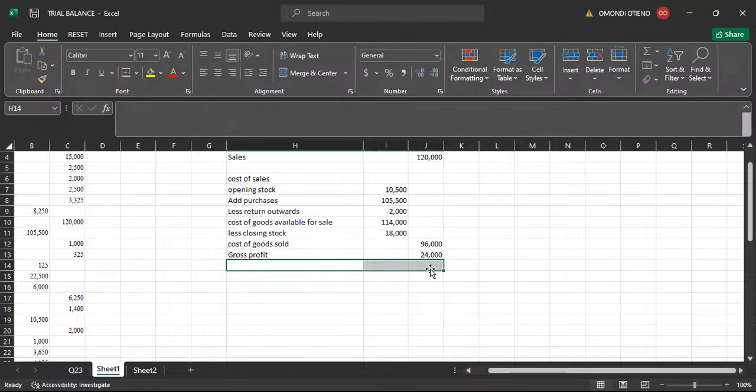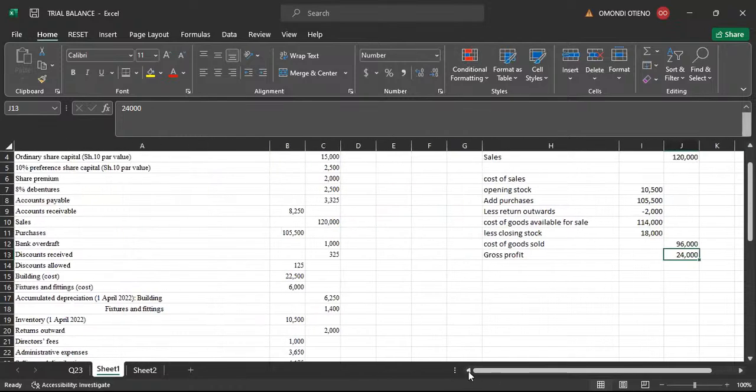the gross profit margin will not be useful to us. We are not going to stop at this gross profit. We are only going to stop at that gross profit. So we now proceed. After gross profit, do we have any other income?